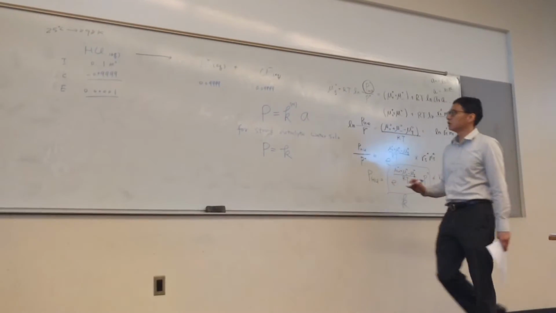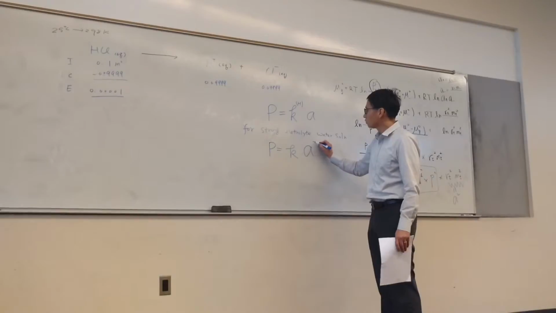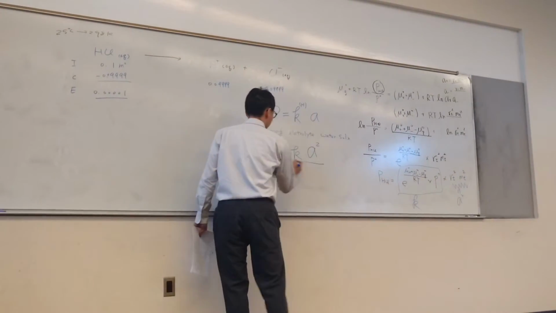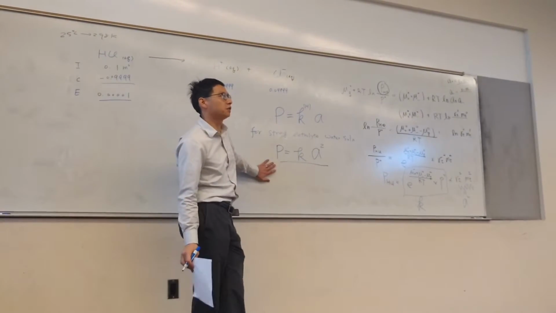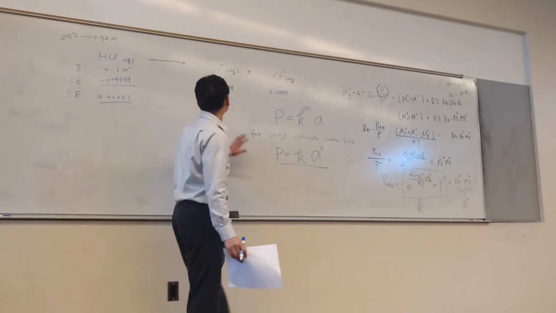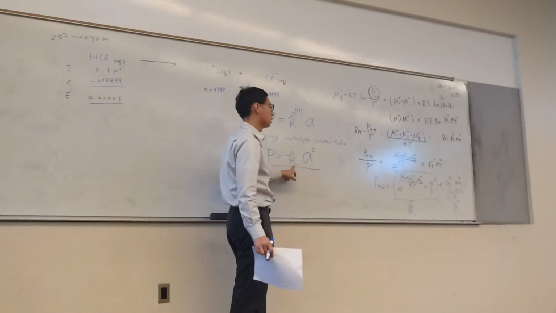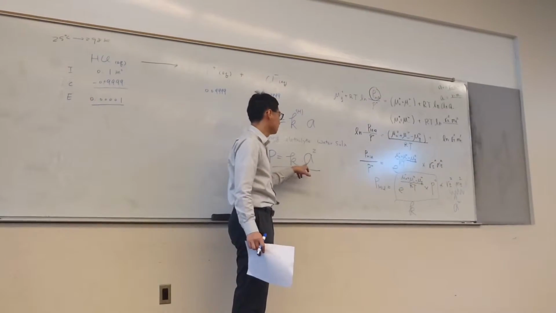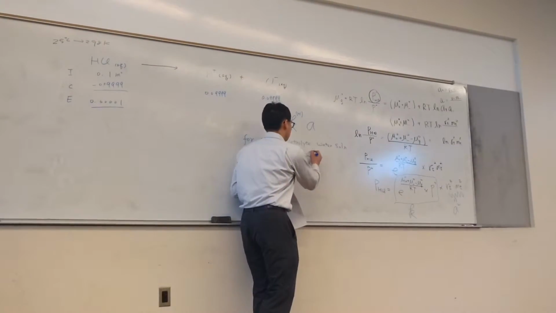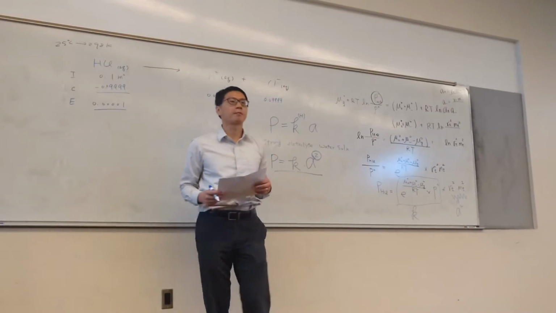Yeah, so this is for your strong electrolyte water solution. The vapor pressure of your species of interest is going to equal to a constant times the activity square. Okay?